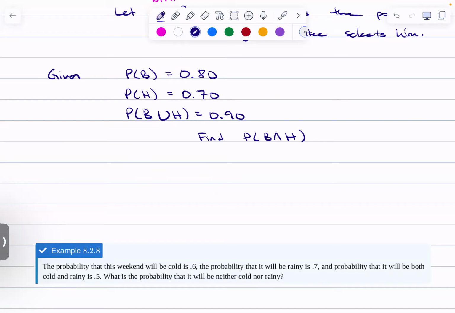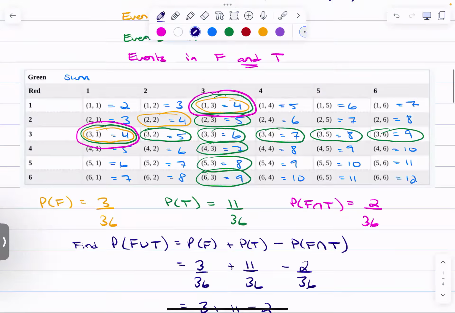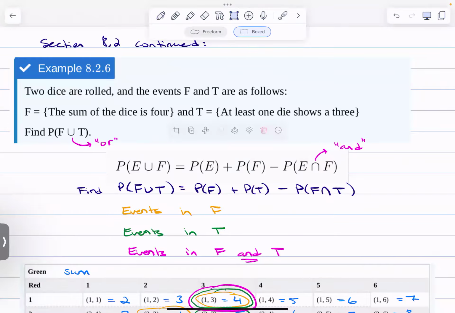Now we've seen all these components before, right? As soon as you have the probability of B or H, usually you're going to be using this formula that we saw, this one here, which I'll bring in again.